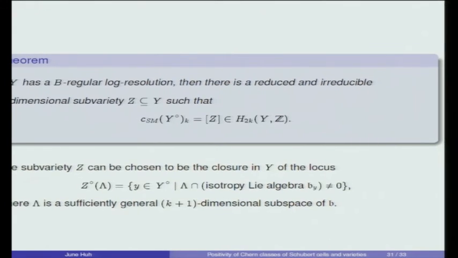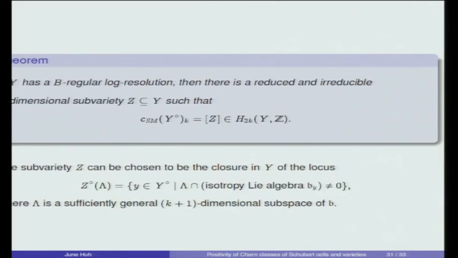And in fact, such a subvariety Z comes in families, so it moves in large families, as you would expect because of this group action. And you can write it quite explicitly.